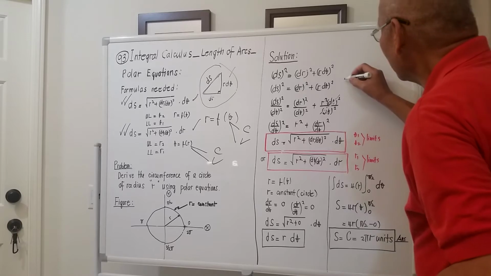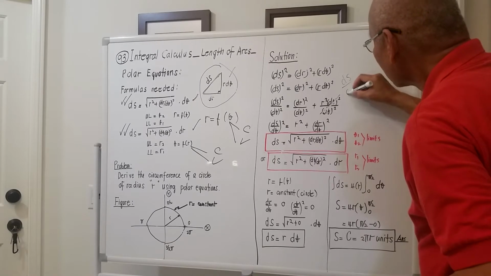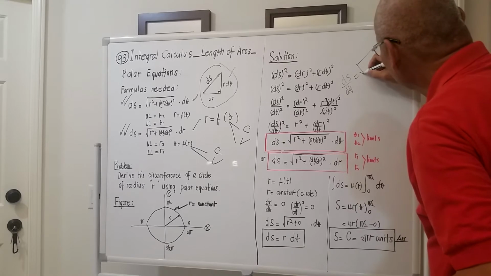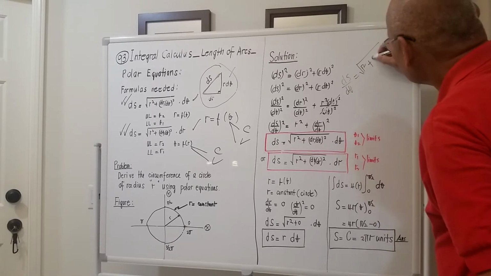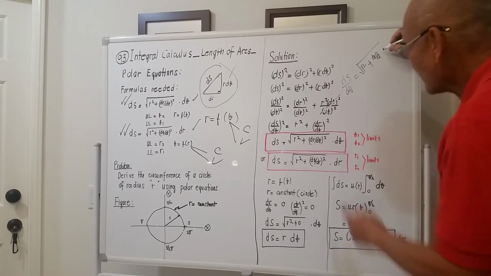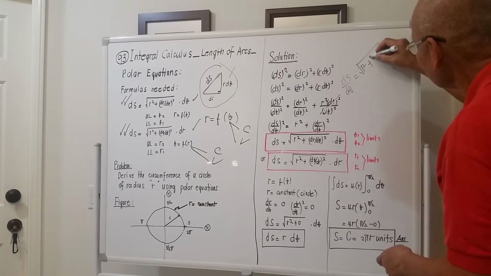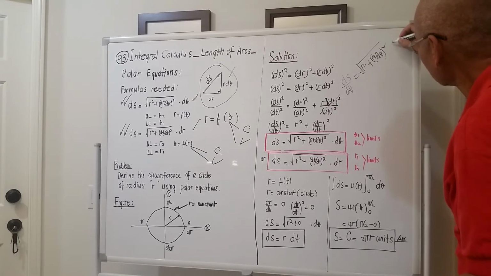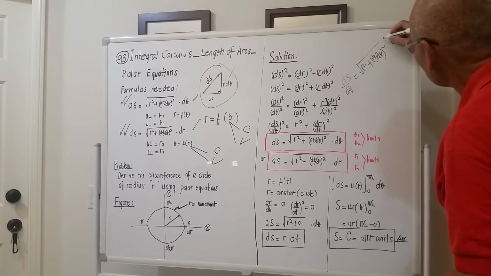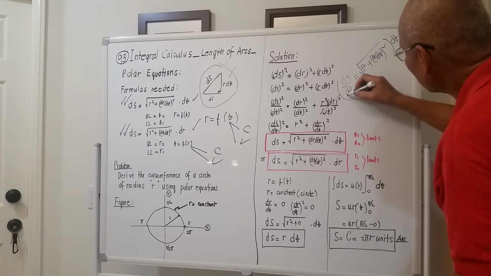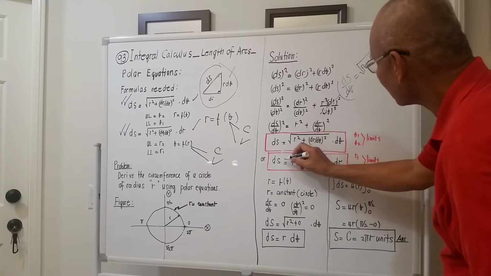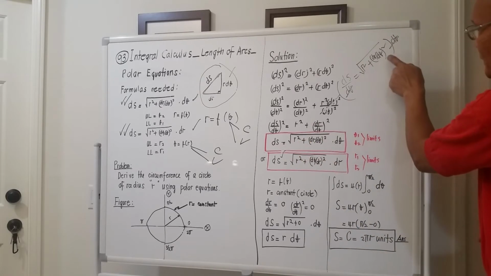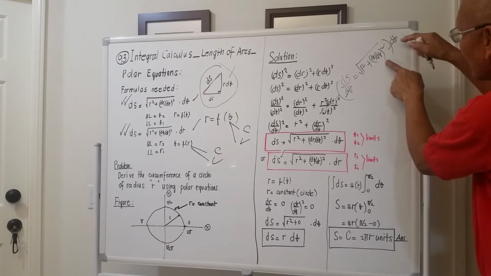Why take the square root? ds over differential theta equal to the square root of r square plus differential r over differential theta quantity square. And solving for this, we multiply all terms by differential theta. So left hand side, this will cancel out. It is differential arc equal to the square root of r square plus differential r over differential theta quantity square times differential theta.